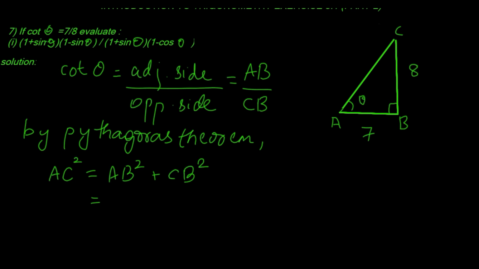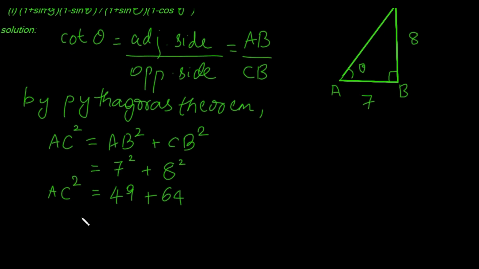AB square is going to be 7 square and CB square is going to be 8 square. So 7 square, as we know, is 49, 8 square is 64. So 49 plus 64 gives 113. By sending the square of AC to the right hand side, AC is equal to root 113.